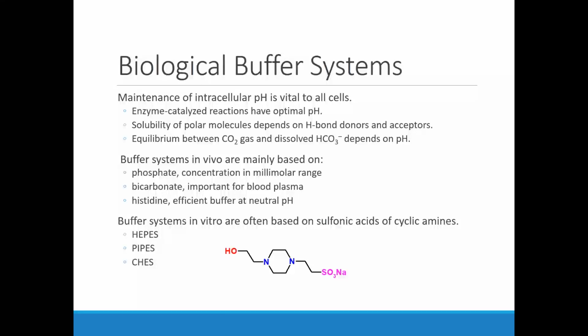So some of these buffers you'll see a lot written about. HEPES, that is a very, very common one. You see a lot. PIPES and CHPES, these are all buffers you don't find in biological organisms, but we use often to make buffers stabilize biochemicals.